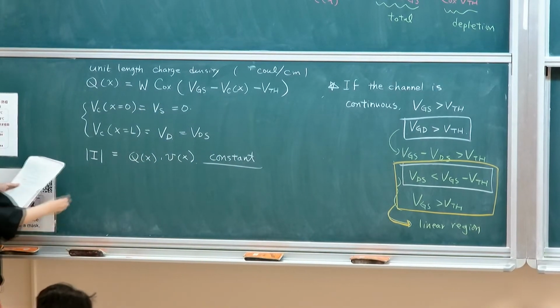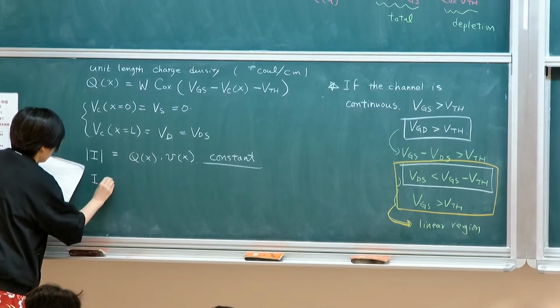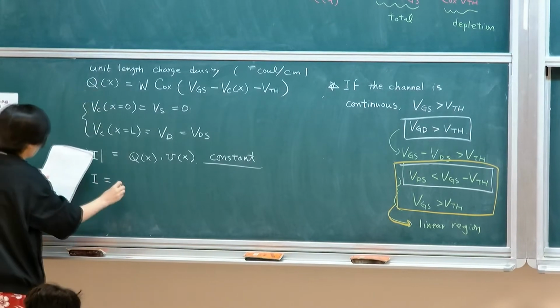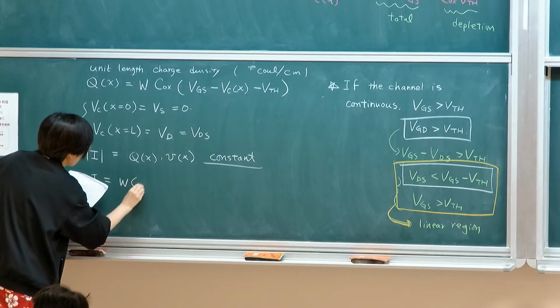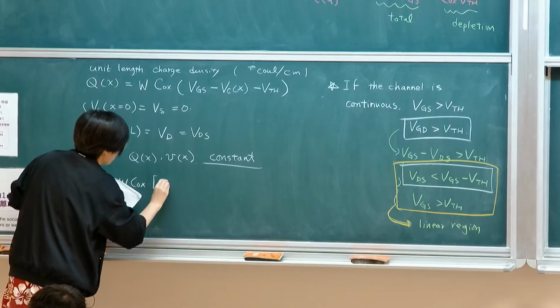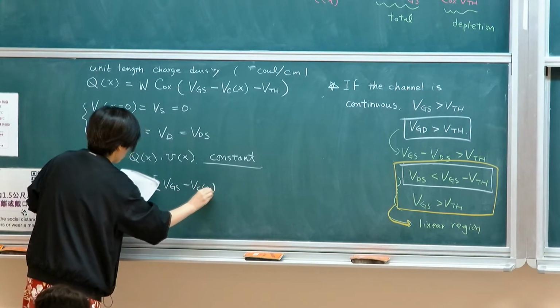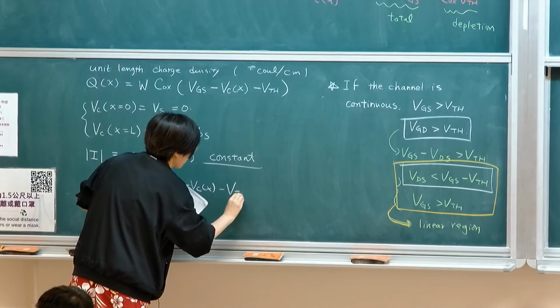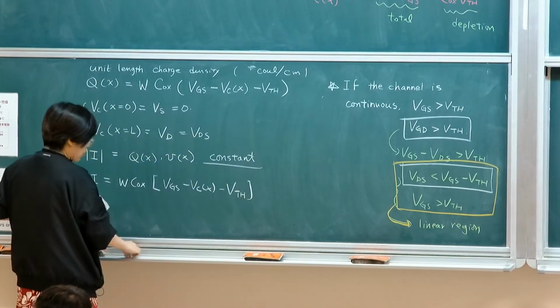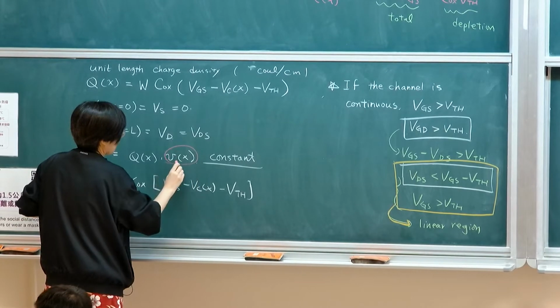Okay? So I equals the charge. Charge is this, Cox. Let me rewrite this. I know the channel potential changes, and then this is the drift velocity.